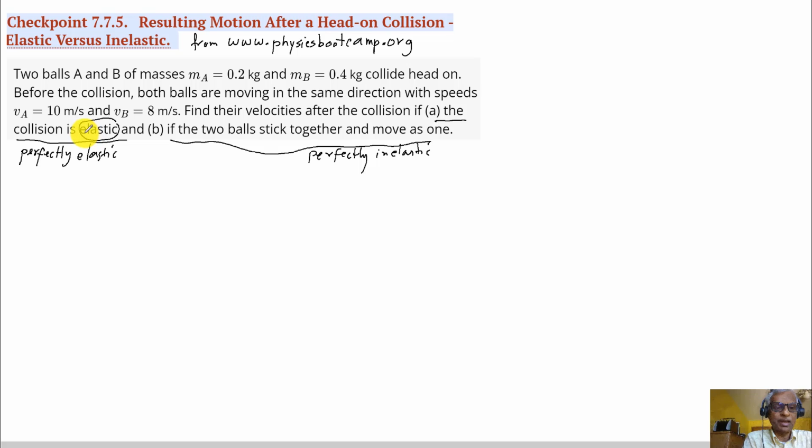So by perfectly elastic collision, what we mean is total kinetic energy before the collision equals total kinetic energy after the collision. That's what we mean by perfectly elastic.